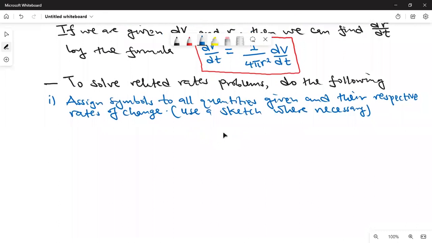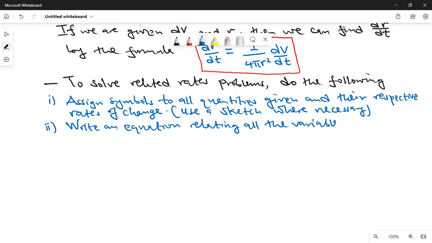Next, step 2: you need to write an equation relating all the variables whose rates of change are given or are to be determined.